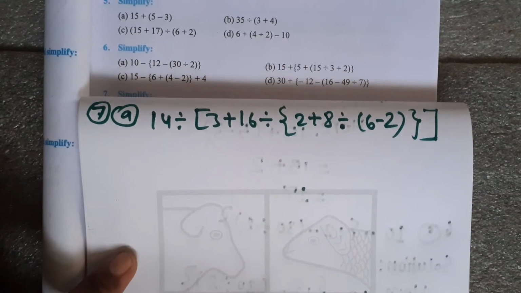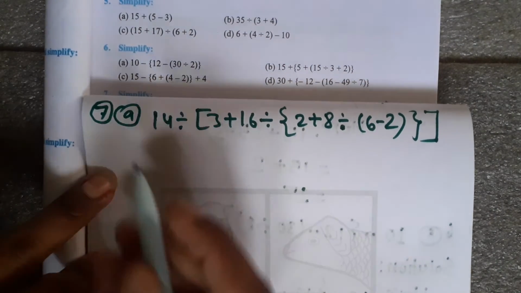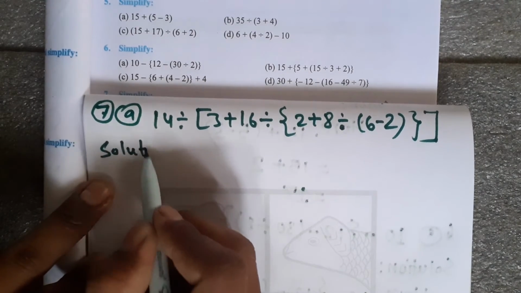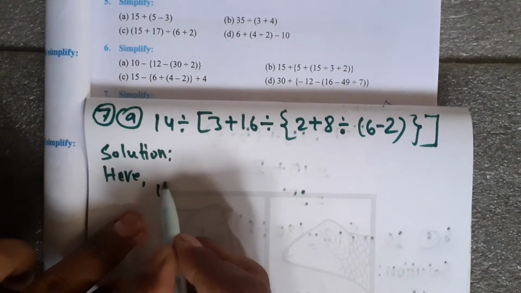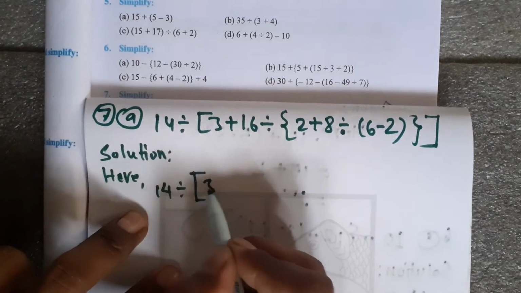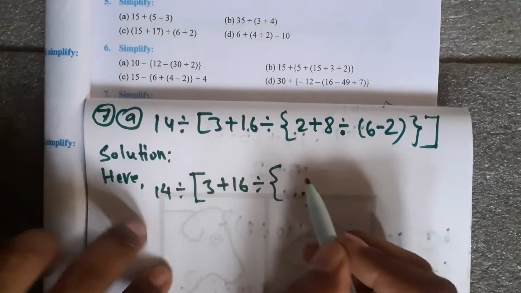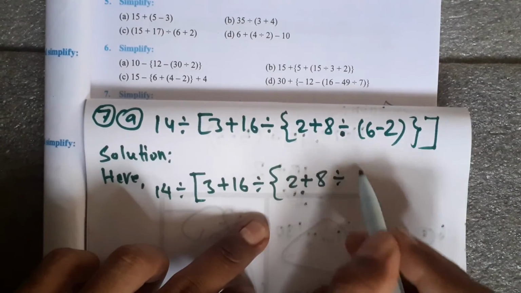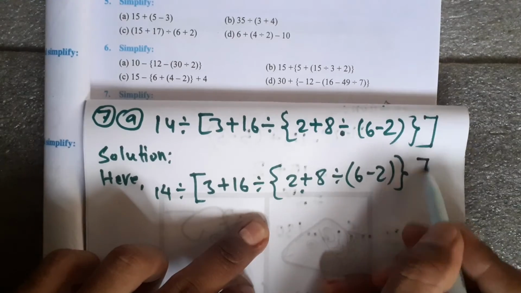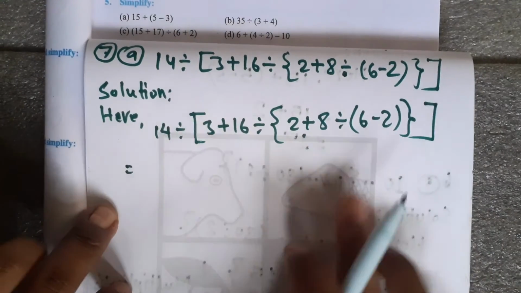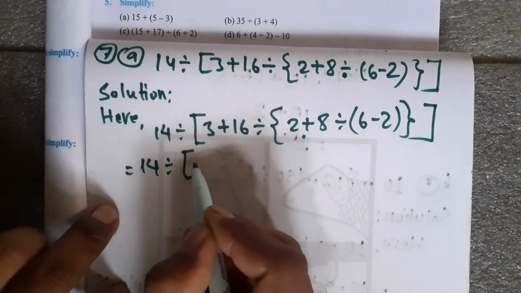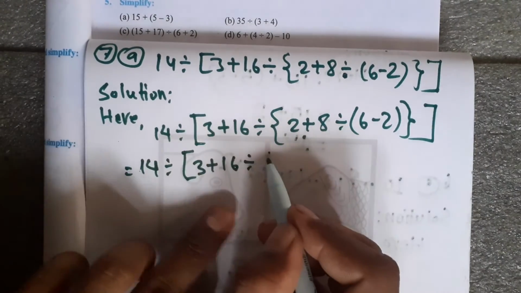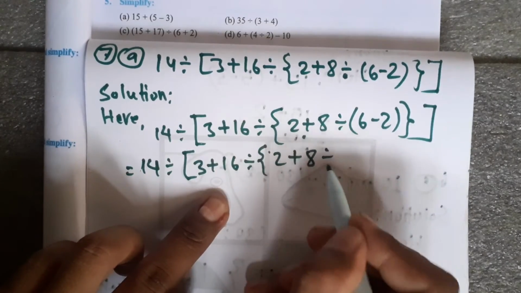Now 7A. Now the solution. What is our question? 14 divided by [3 plus 16 divided by {2 plus 8 divided by (6 minus 2)}].